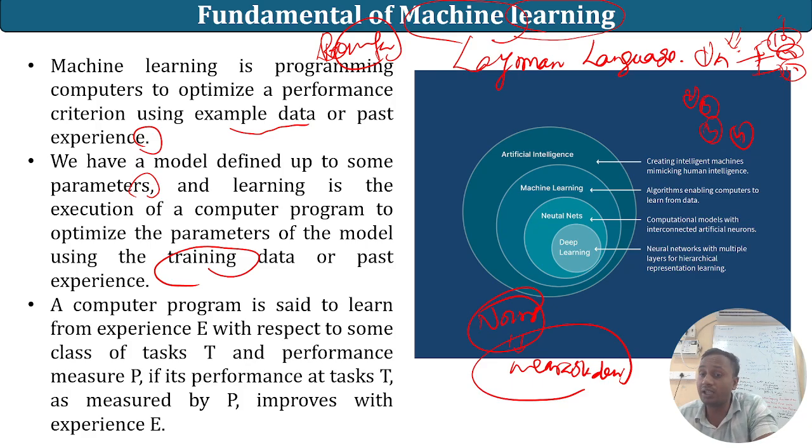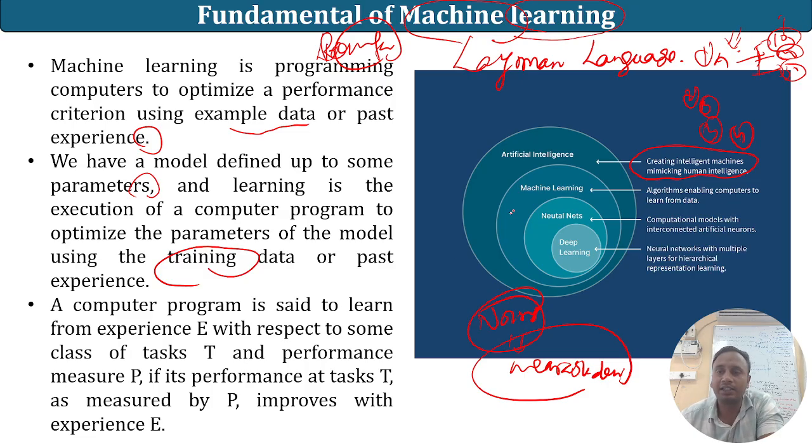In machine learning we also have different types: supervised, unsupervised, semi-supervised, and self-supervised. In the field of AI, artificial intelligence, we create intelligent machines to mimic human intelligence. It's the broader part.